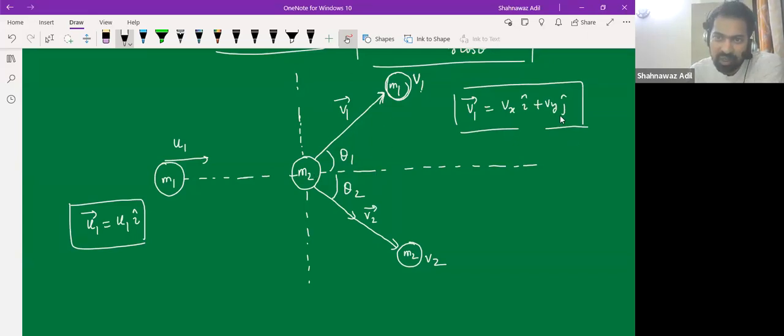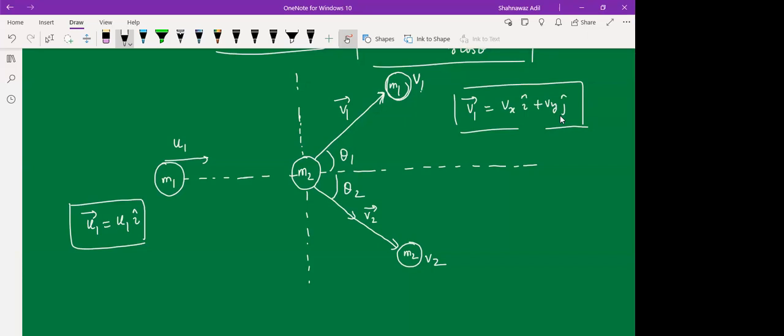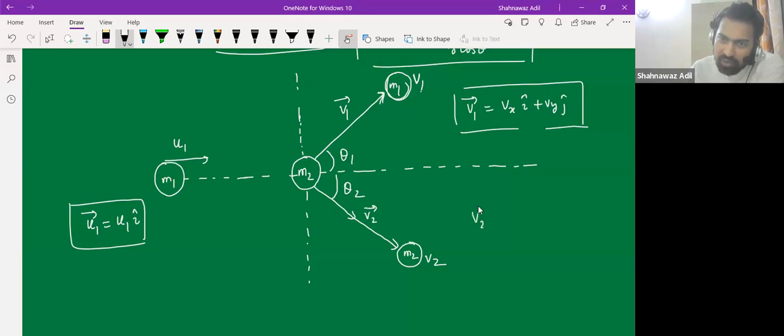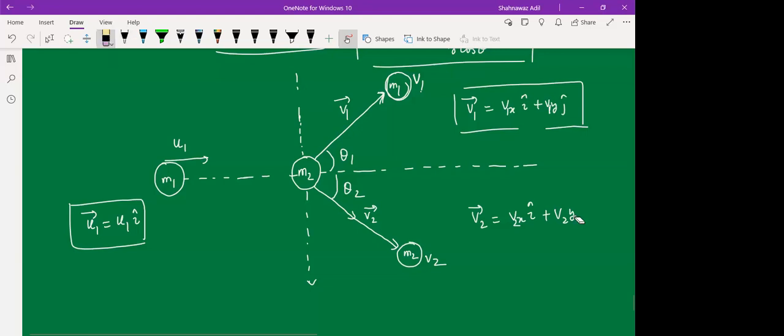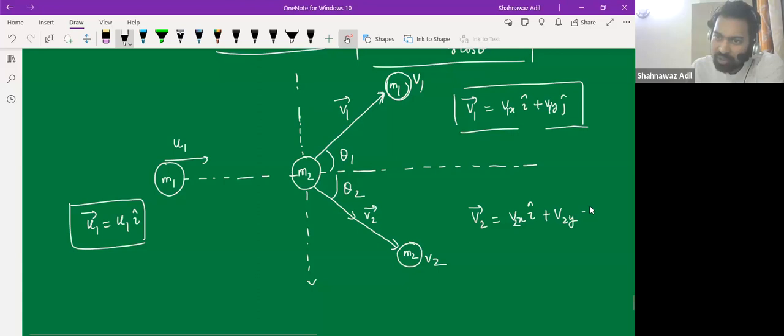And v2 was v2x i hat plus v2y, and the direction for v2 is minus j.